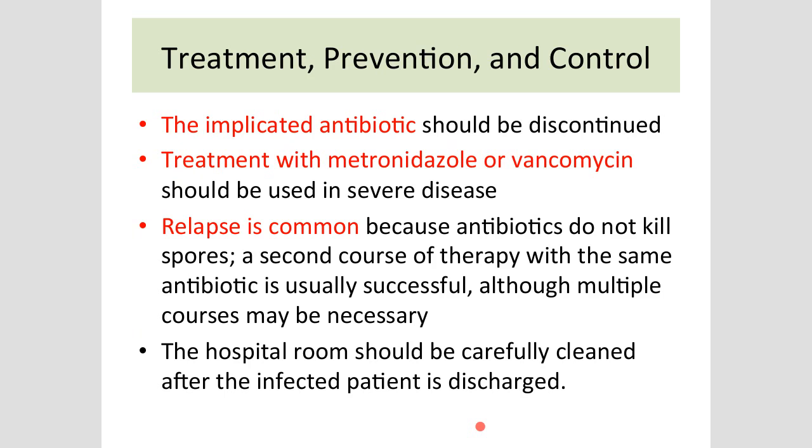Treatment, prevention, and control. Very simple treatment. Those antibiotics, and I gave you the names of those 4 antibiotics. I'm going to ask you what those antibiotics are. So you have to discontinue using them. Then metronidazole or vancomycin, right? And relapse is common because antibiotics do not kill spores.